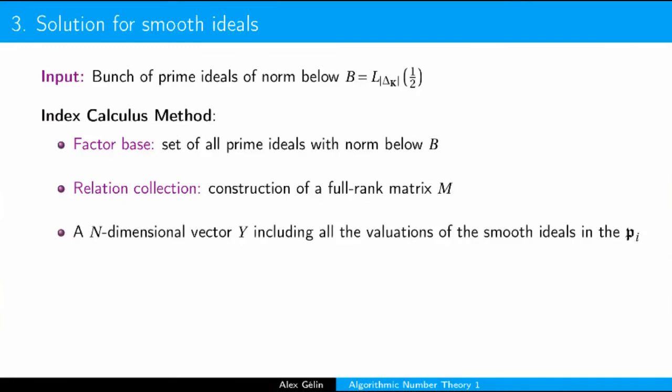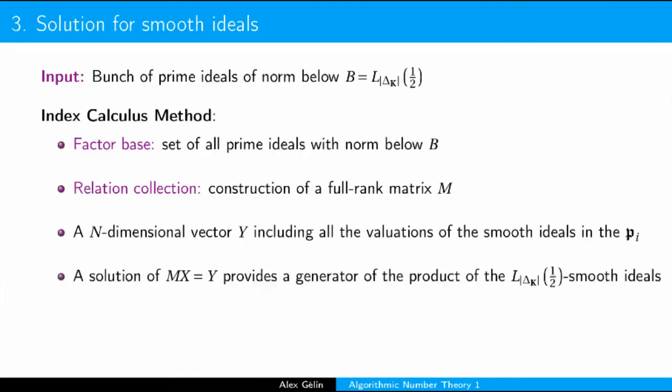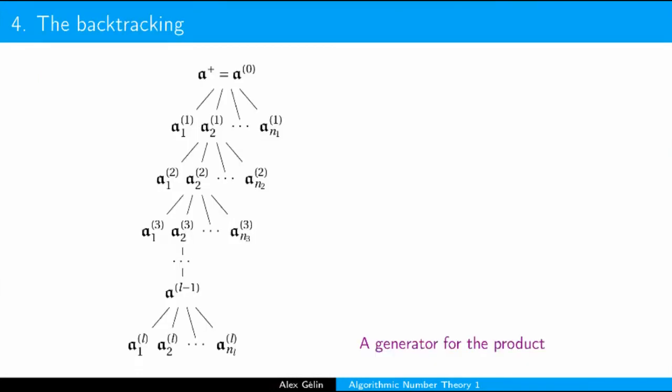We want to find a generator for all these ideals. So we just give a solution of the system, and this solution of the system will give us a generator for the product of all the ideals involved in the very last step of the descent.